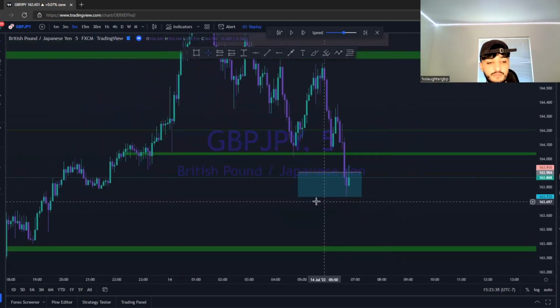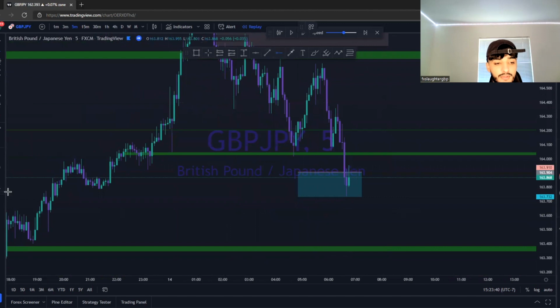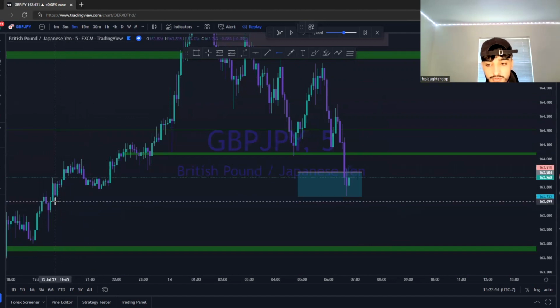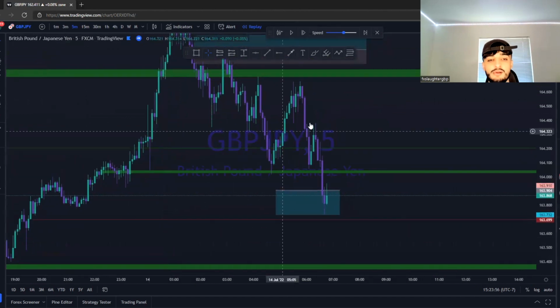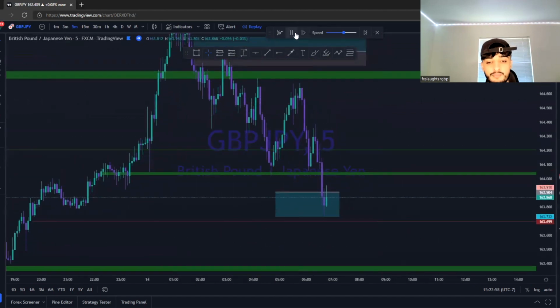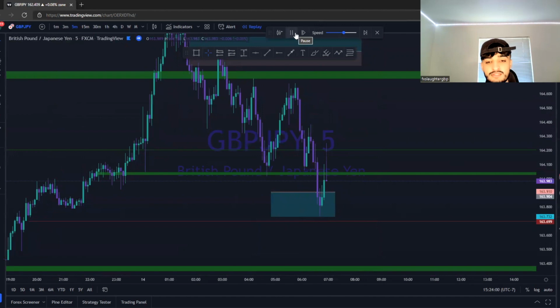So for me to re-enter in this trade will be below this low right here. It would have been better if I could go down to 1 minute, but I can't because TradingView doesn't have the 1 minute data, unfortunately. So now another entry could be at 700. Let's see if you get a chance.